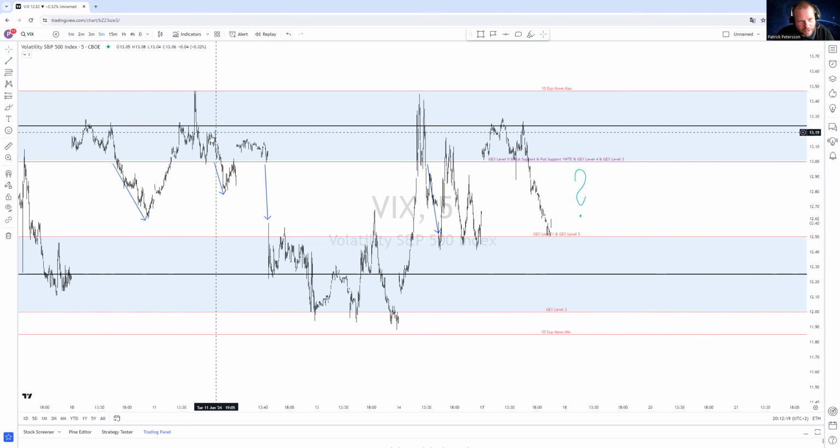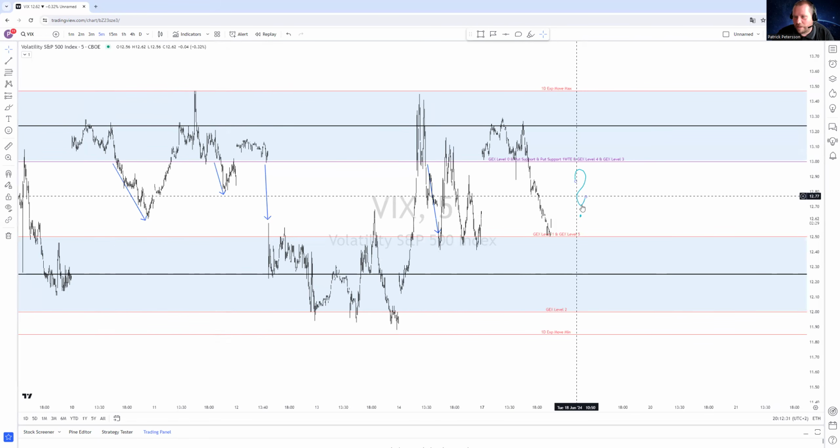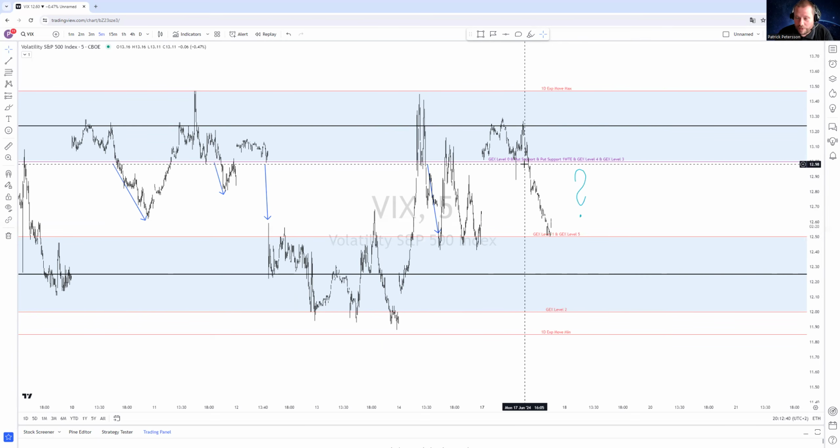Then we made lower highs, lower highs, lower highs, boom, we fell down. I posted this in the pre-market, so we had no idea what would happen in the market, and now let's see. We were coming up, down, up, down, tested the level, boom, we fell down. And this is so magic.